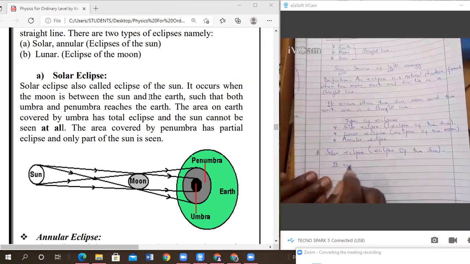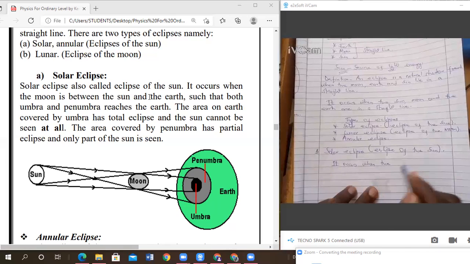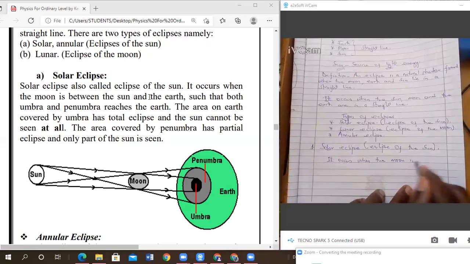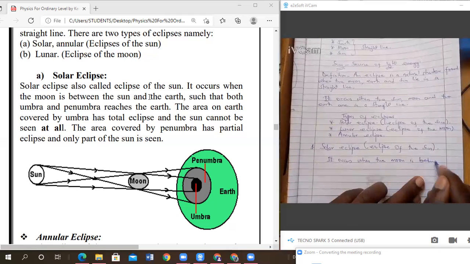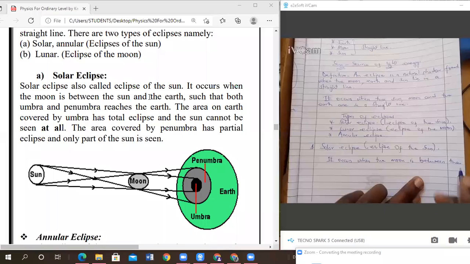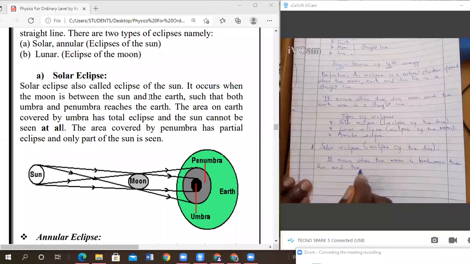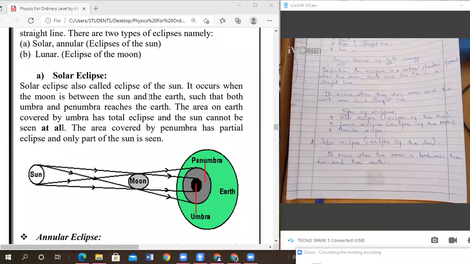It occurs when the moon is between the sun and the earth. Full stop.